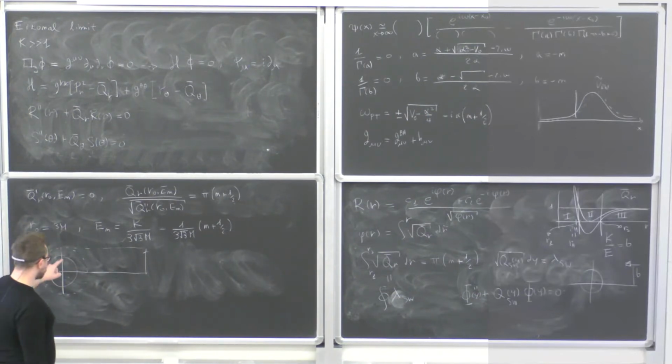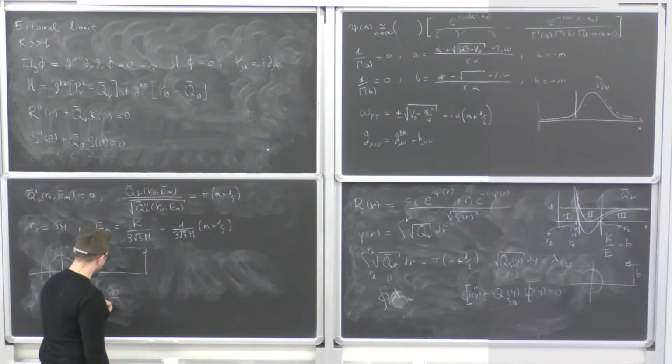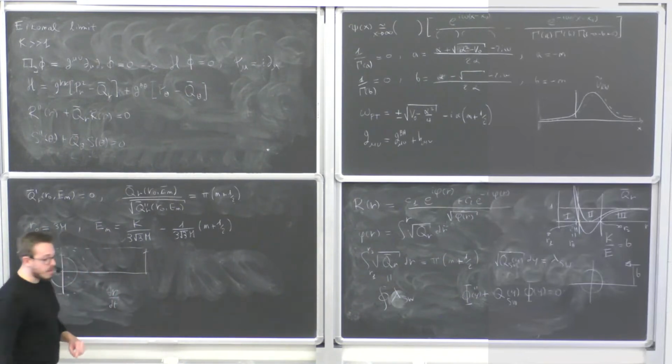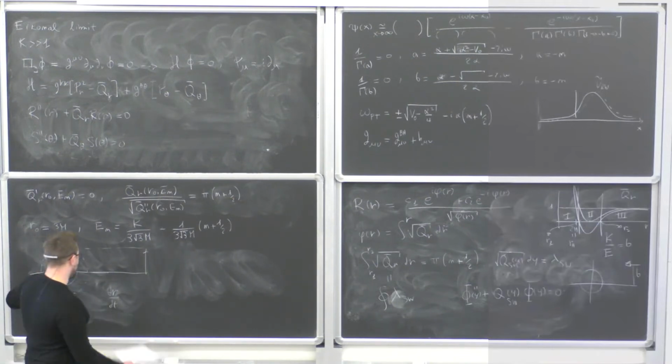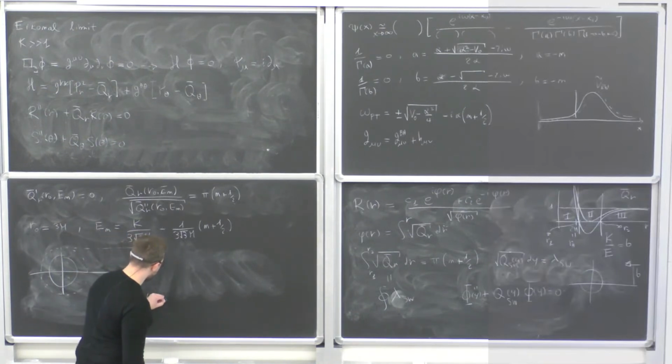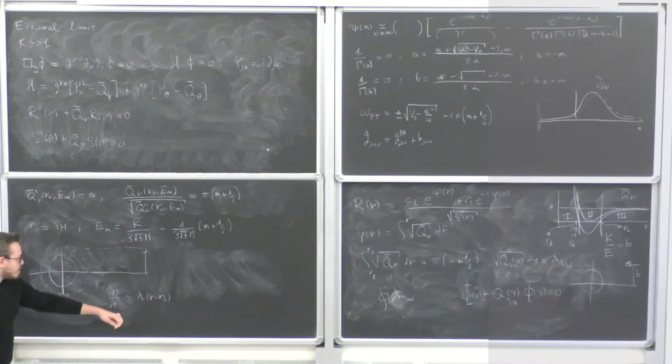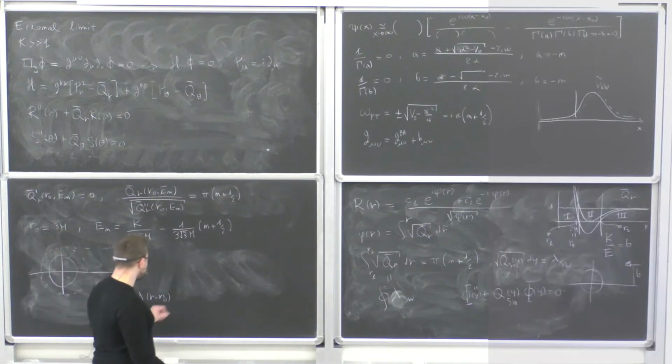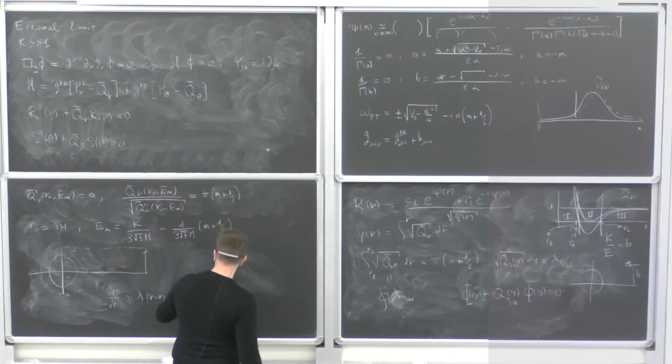Also, the radial velocity in the neighborhood of this closed orbit will be like this, where lambda is an instability coefficient that we also call the Lyapunov exponent, and it's 1 over 6 square root of 3 m.